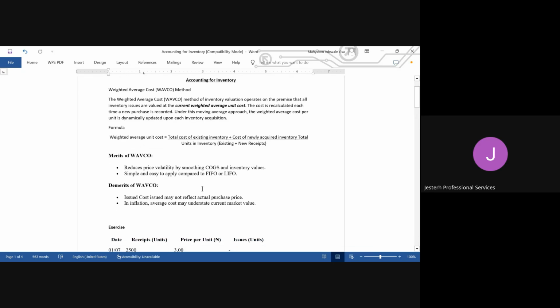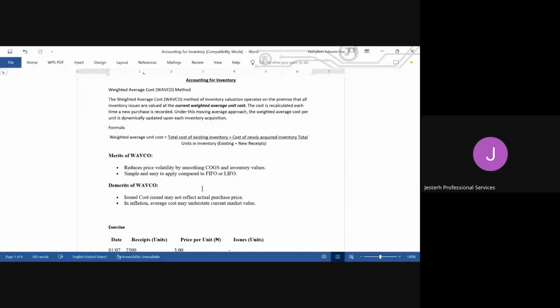Now, the formula that we usually use for weighted average in order to issue the inventories is for us to know the total cost of what we have in the stock before, then add it together with the cost of the new inventories that we are bringing to the store.